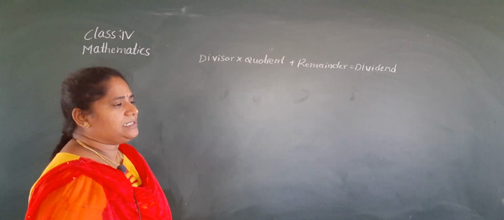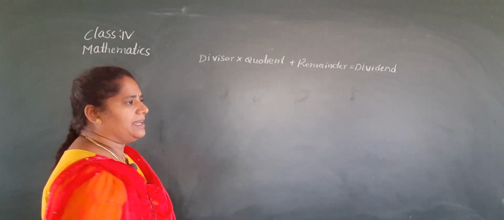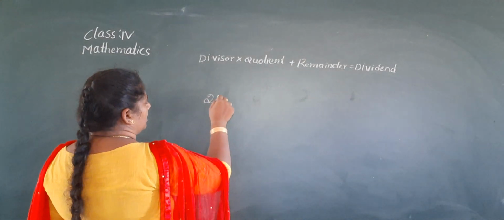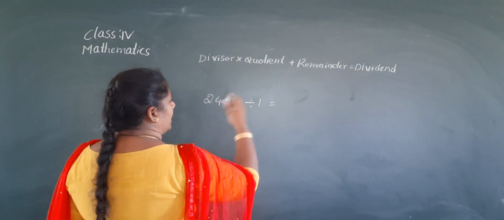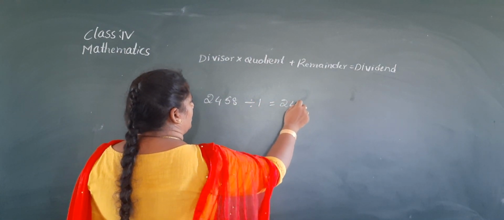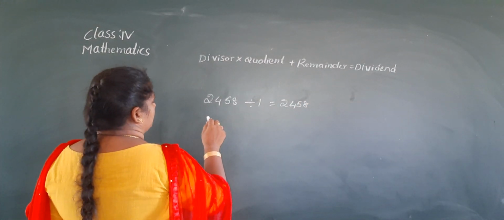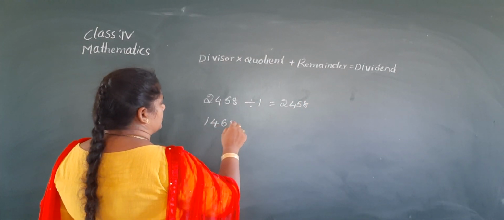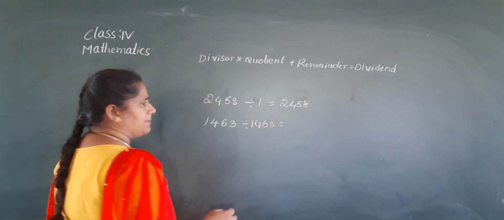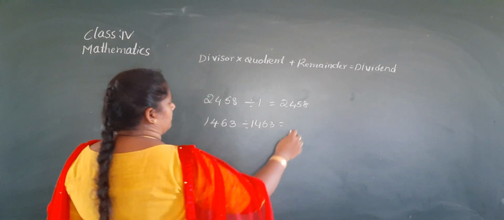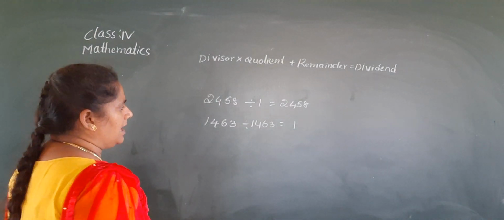And what is meant by division facts? Yes, come on tell me. If any number is divided by 1, we get that same number as a quotient. If a number is divided by the same number, then we have 1 as the quotient.